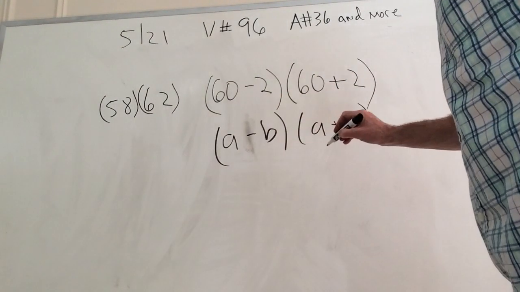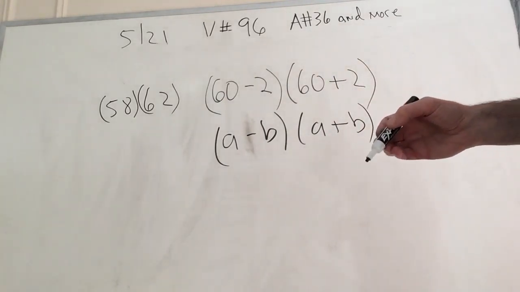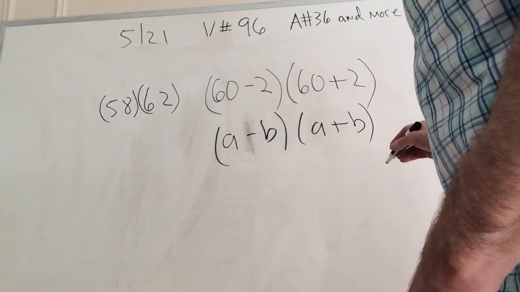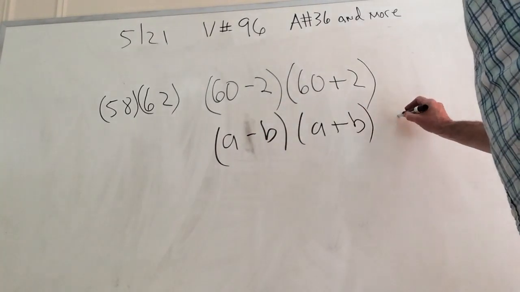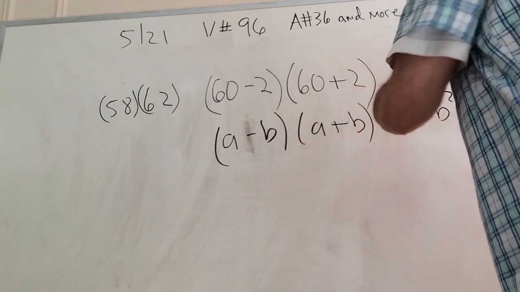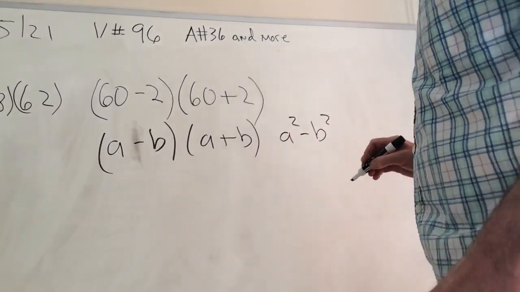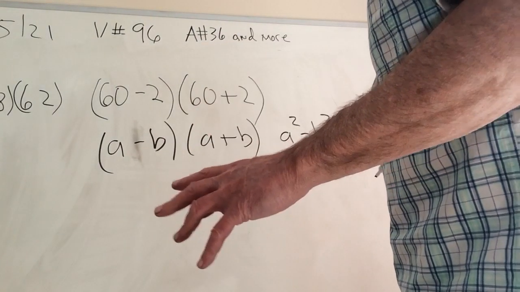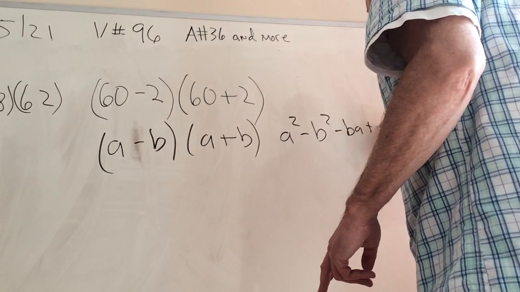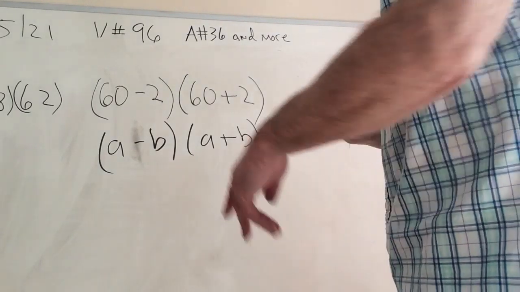A minus this number, and then the conjugate, A plus the same number. And we find that that makes calculation very easy. So in this case over here, as I do the numbers here, I get A squared minus B squared, negative times a positive. I'm repeating what I did yesterday, okay? And finally, the middle terms go away because we have minus BA plus AB, and that will always happen, so I don't have to repeat it all the time.